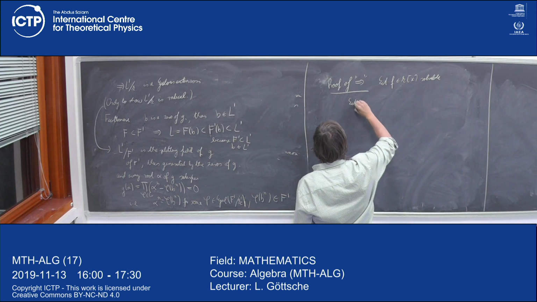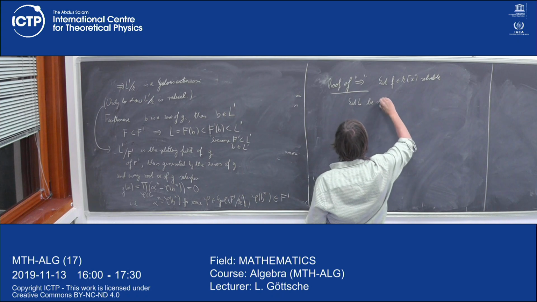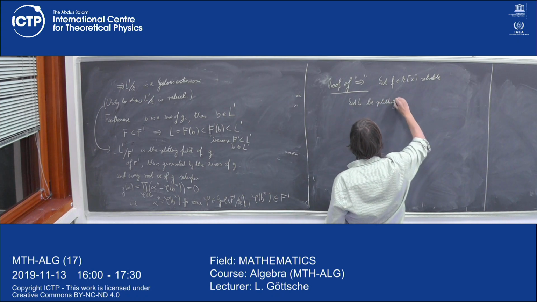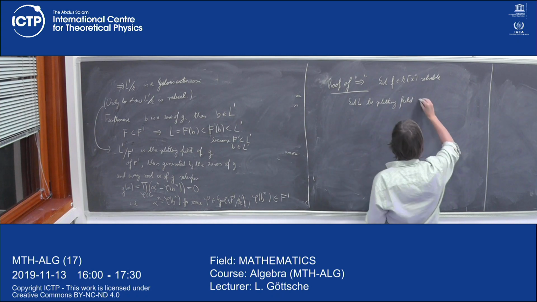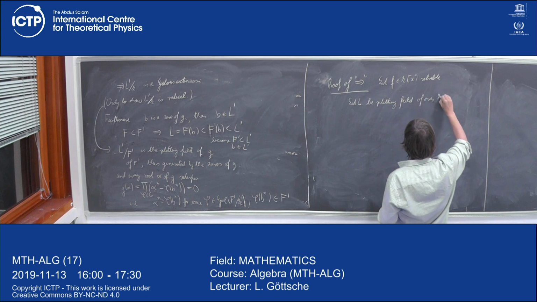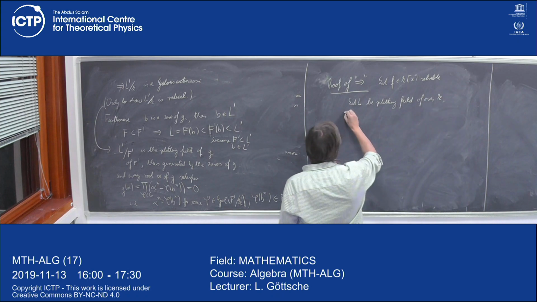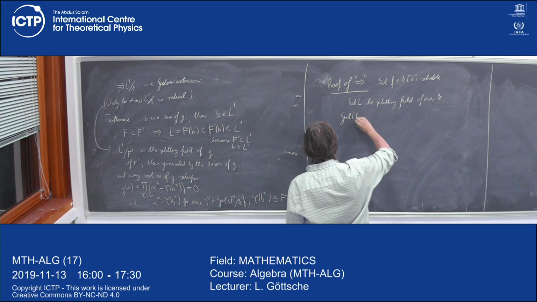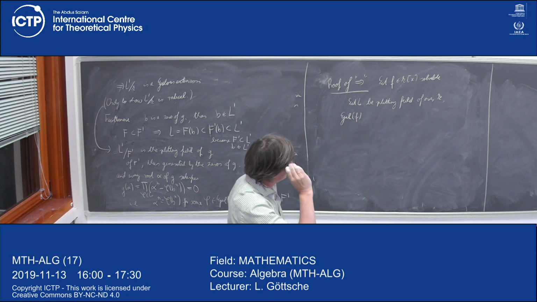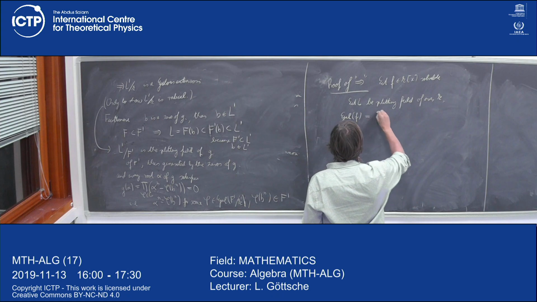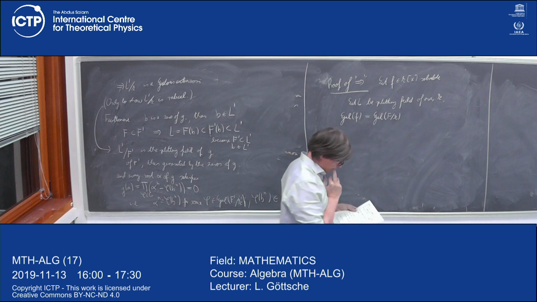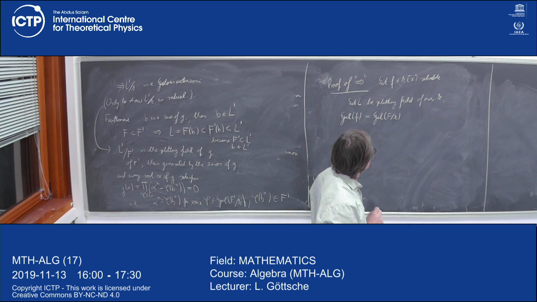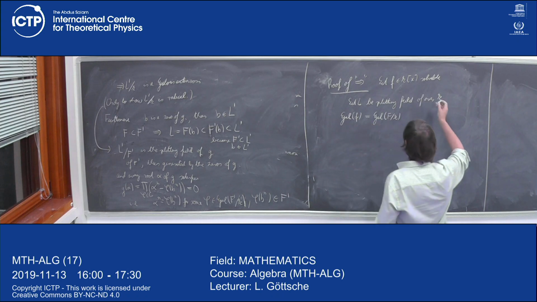So let L be the splitting field of f over K. And then, by definition, the Galois group of f over K is equal to the Galois group of L over K. L is the splitting field of f.